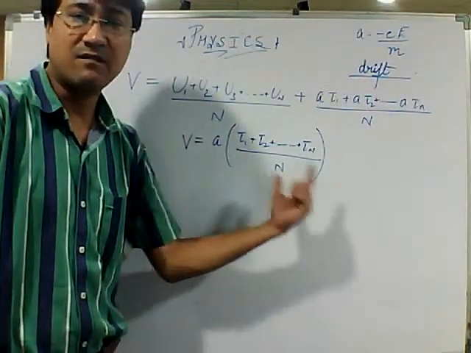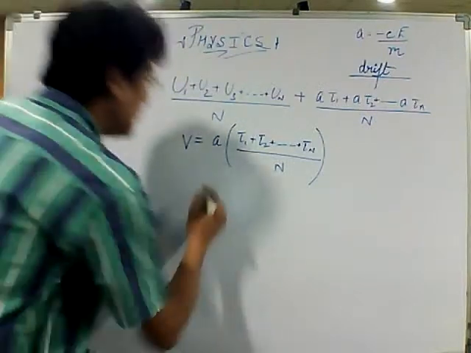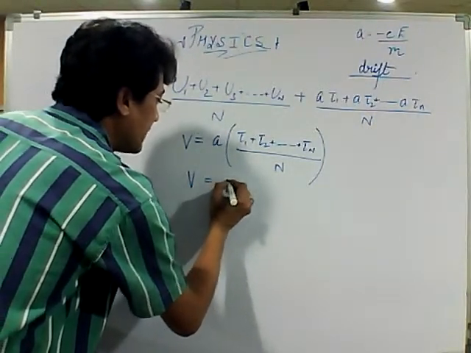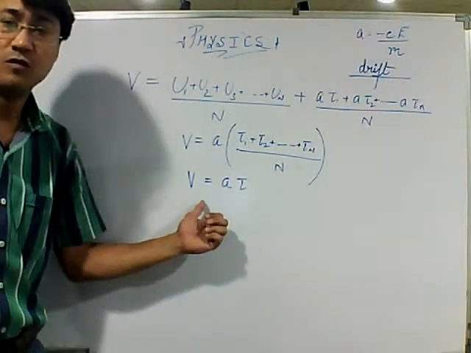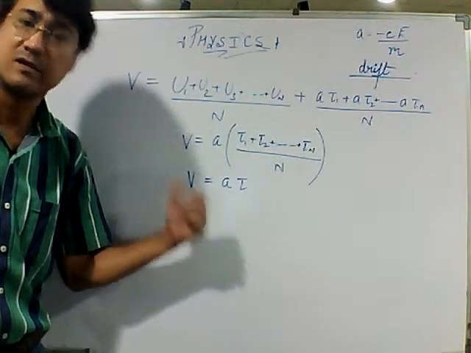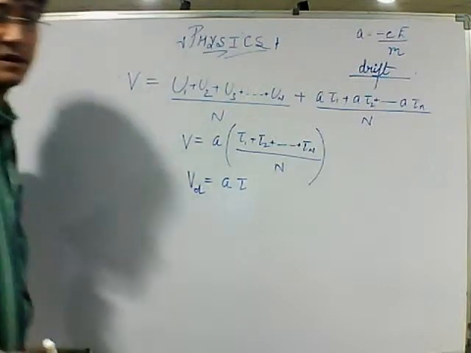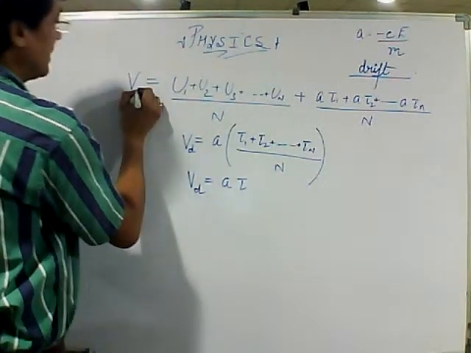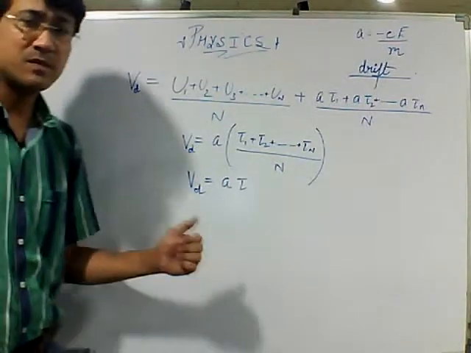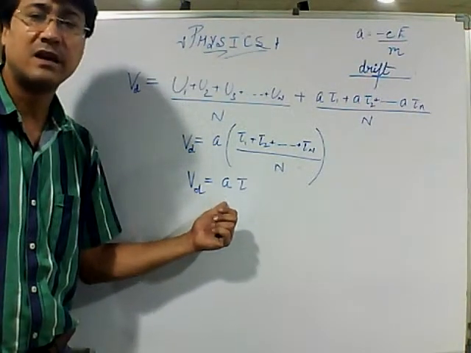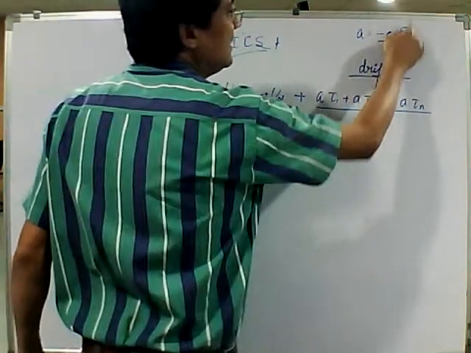Let's take the average of these relaxation times as tau. So I am left with v as a tau. And this velocity v that we were talking about is the drift velocity, so I can symbolize it as vd. Now we already know the expression for acceleration, which is eE by m.